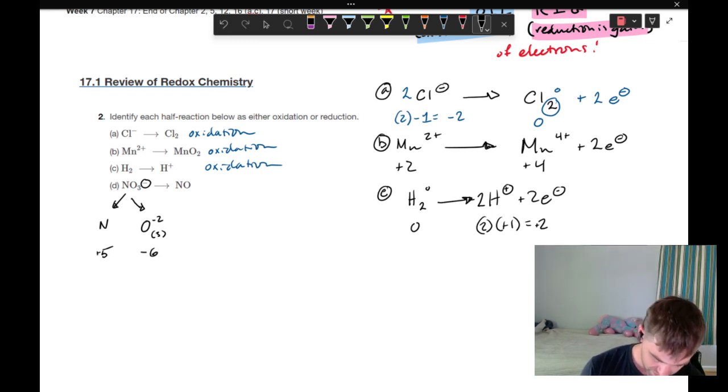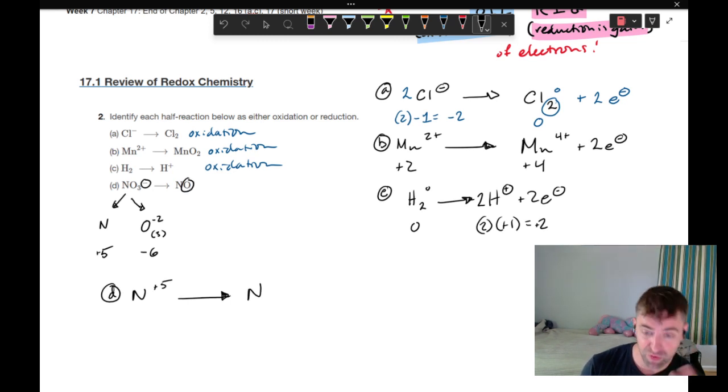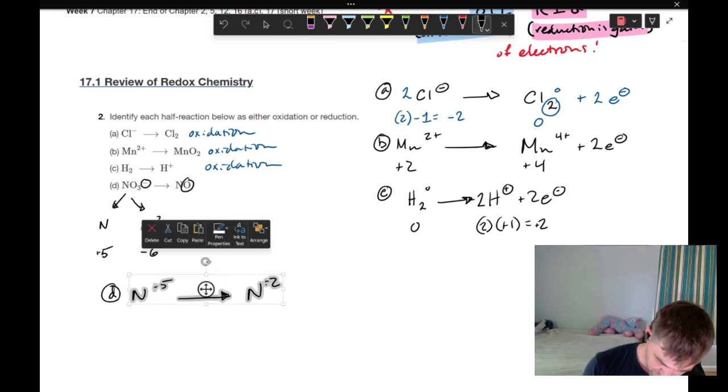So that gives us, I'll just do it down here, nitrogen plus 5. Continuing to nitrogen, there's only 1 oxygen, which would normally have a -2, so this must be +2. So in this case, I'm going to move this over.